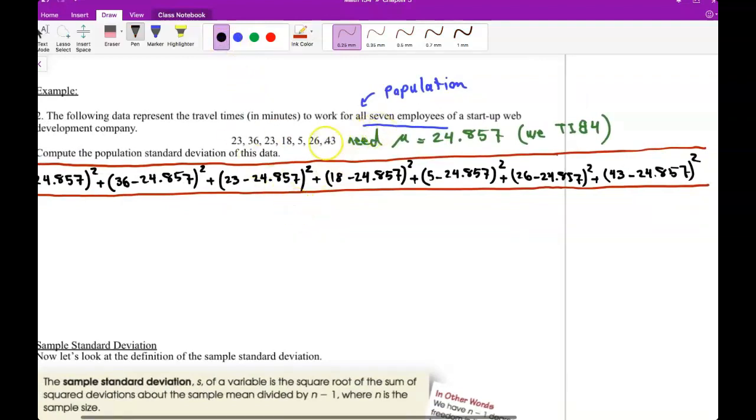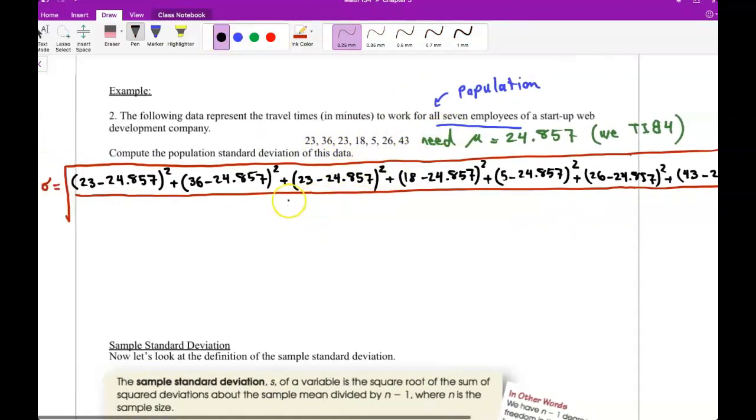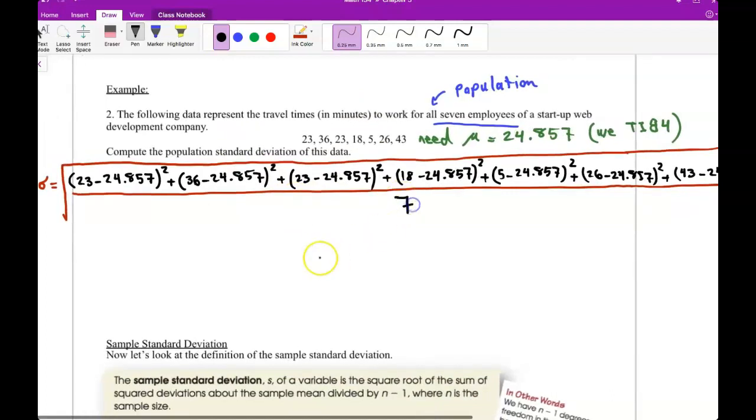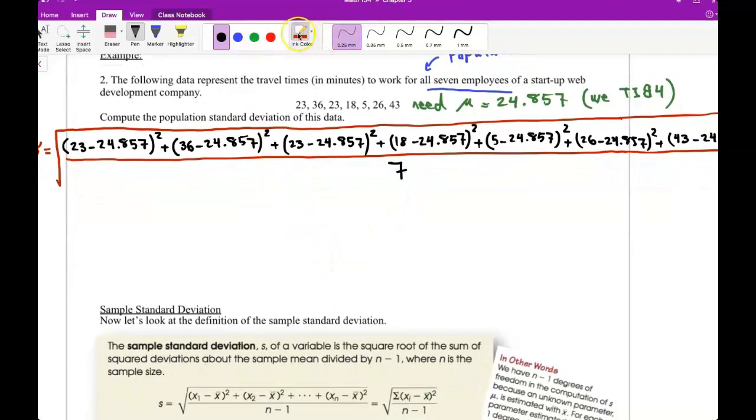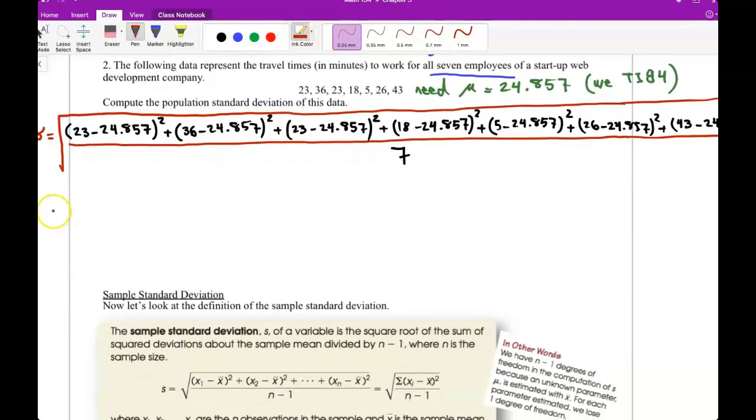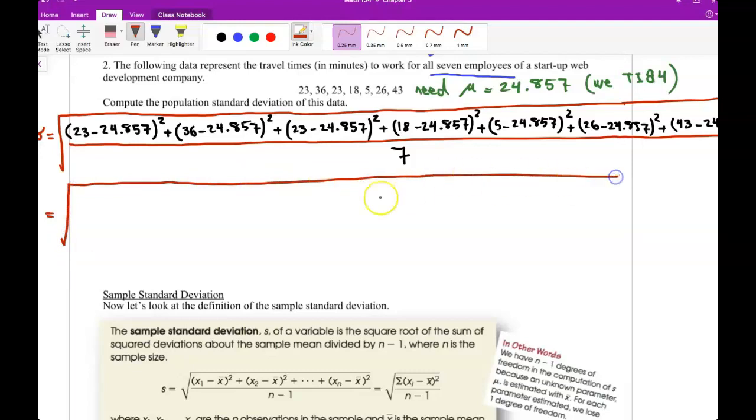So n is how many numbers we have here, which is 7. Okay, so that is equal to this part.